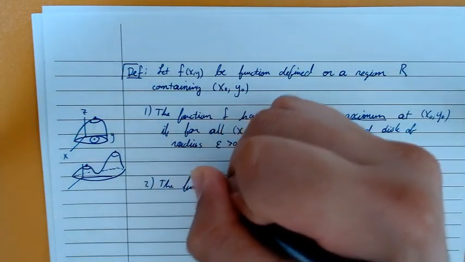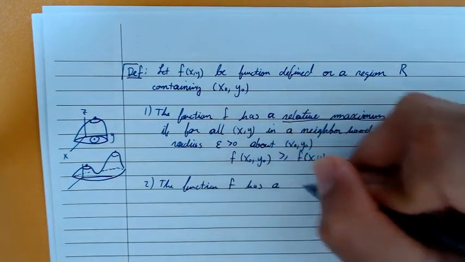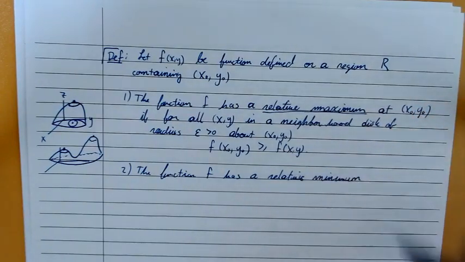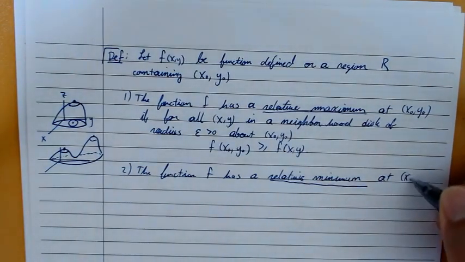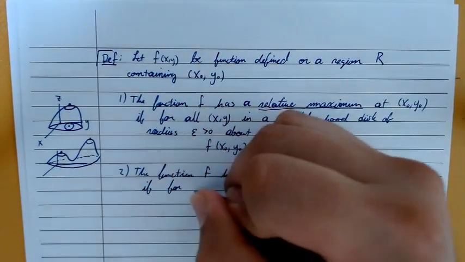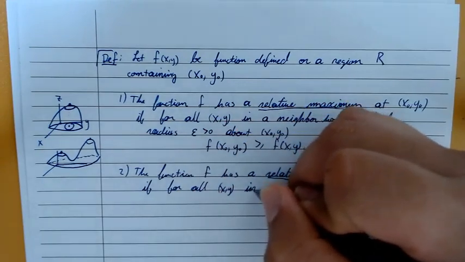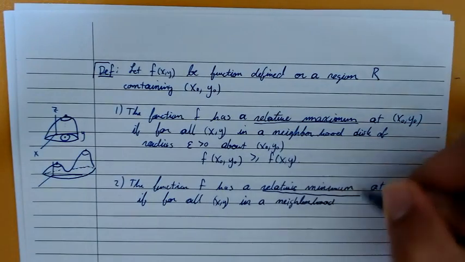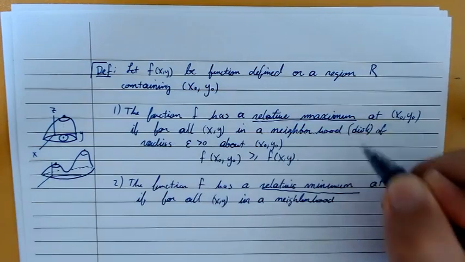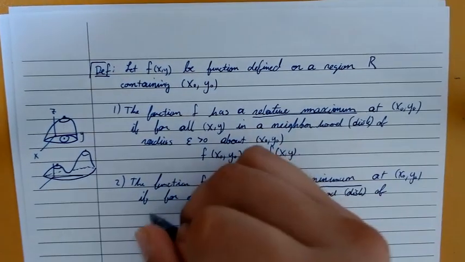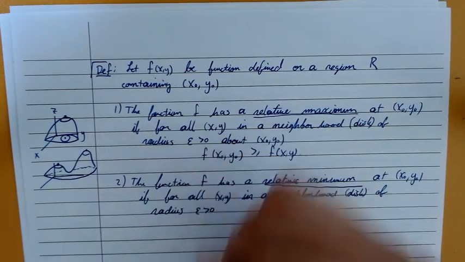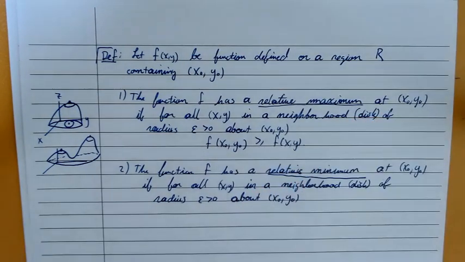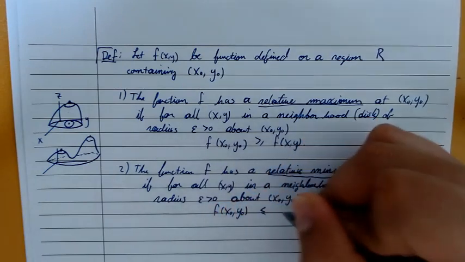The function f has a relative minimum, instead of relative maximum, at x naught comma y naught if for all x and y in a neighborhood disk of radius epsilon, and again, we don't really worry about what epsilon is, just some positive number, about that point x naught comma y naught, then f of x naught comma y naught is less than or equal to f of x comma y.